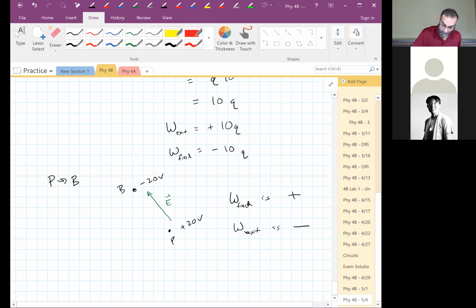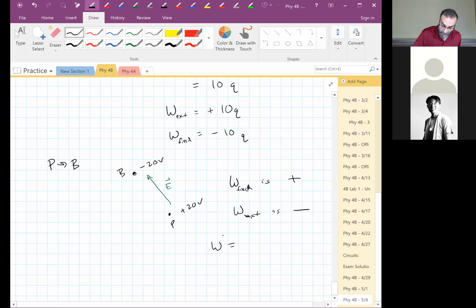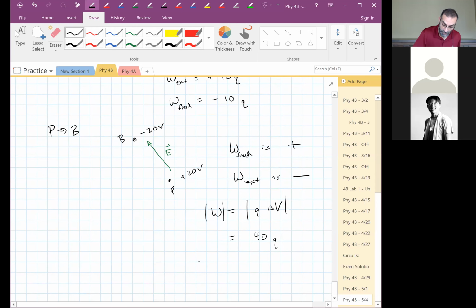And what is the value of the work done? The work done is going to be Q delta V, and delta V is 40. So the external force does minus 40Q, and the field does plus 40Q.